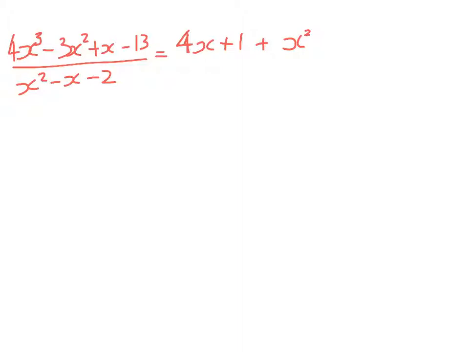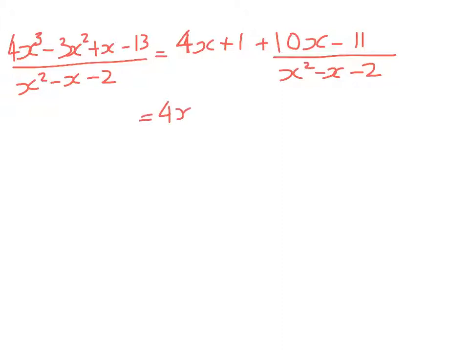Whoops, hang on, we don't have x squared. We got rid of that. No x squared. We've got 10x minus 11 over x squared minus x minus 2. So that's 4x plus 1 plus 10x minus 11 over x plus 1, x minus 2.